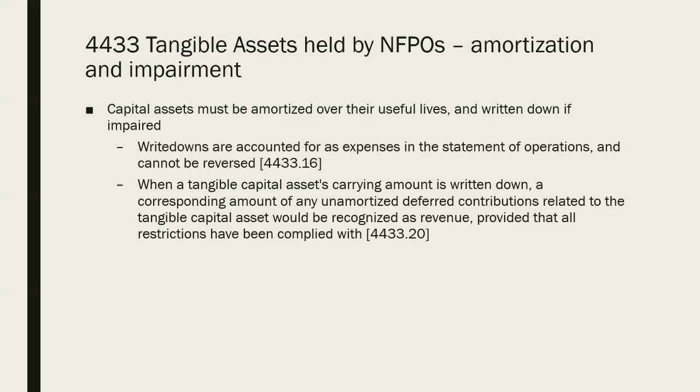So this would relate to where the capital asset being written down was originally contributed and had been, under the deferral method, initially recorded as deferred contribution liability. So if the capital asset is written down, the corresponding amount of deferred contribution will also be reversed and recorded as revenue.